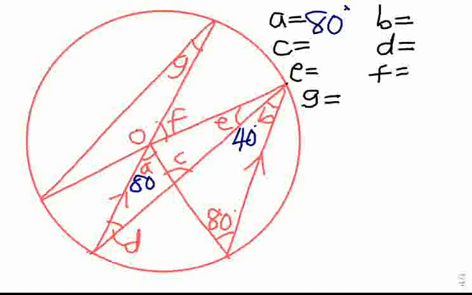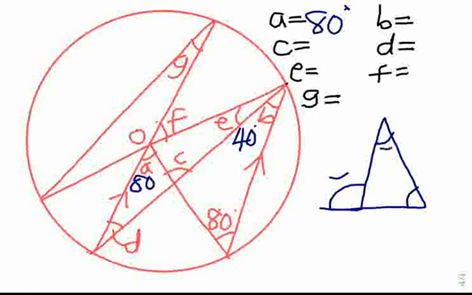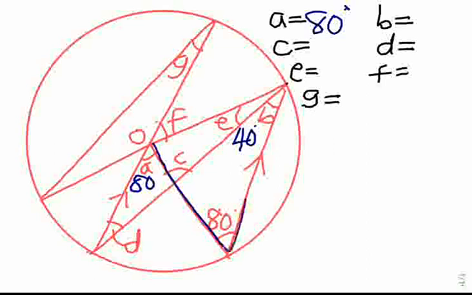Next, let's get the value for angle C. Can you remember the theorem which states that the exterior angle of a triangle is equal to the sum of the two opposite interior angles? This angle is equal to this plus this. So let's apply that to get the value for angle C. Using this triangle, angle C is exterior to that triangle.